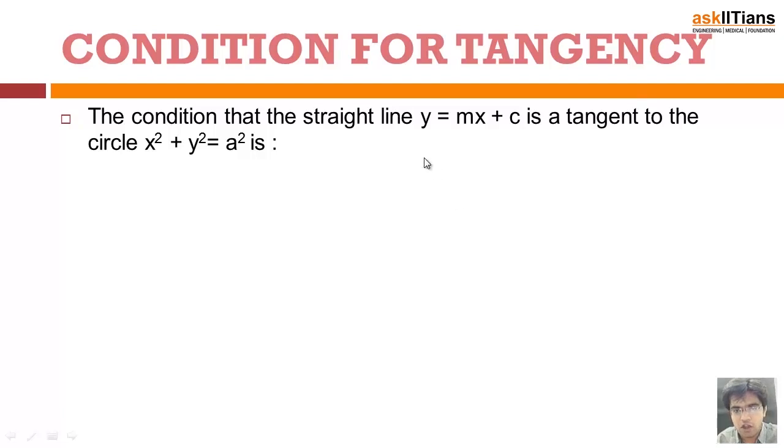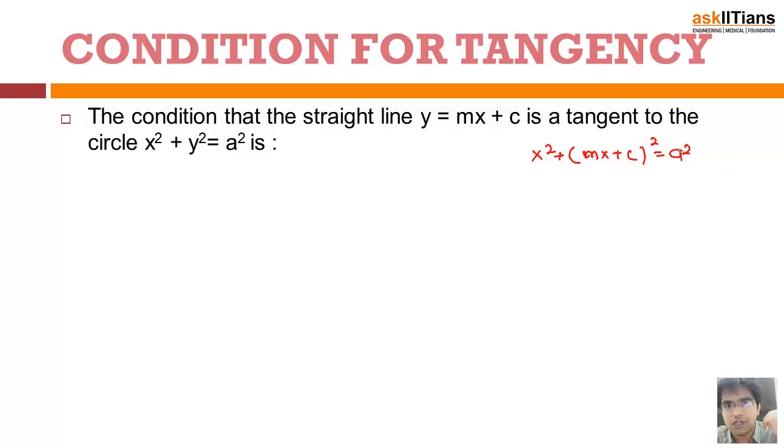Now suppose that you have a line y equals mx plus c, and let's say this line is tangent to this circle. If this line is tangent to the circle, then that means the line and the circle meet at one point. So if I write x square plus, putting the value of y here, (mx plus c) square equals a square, then this is what I'm doing here.